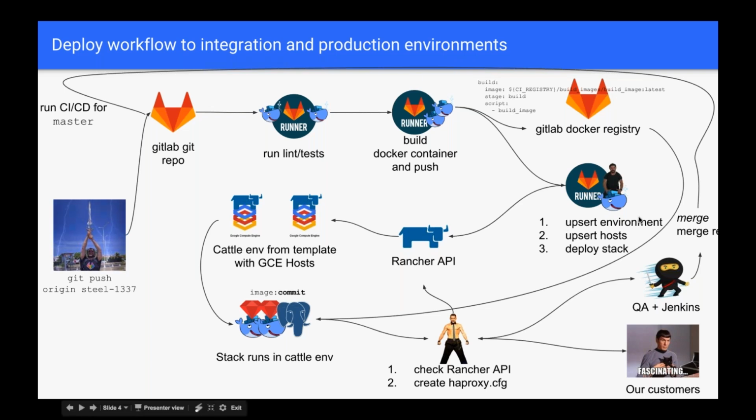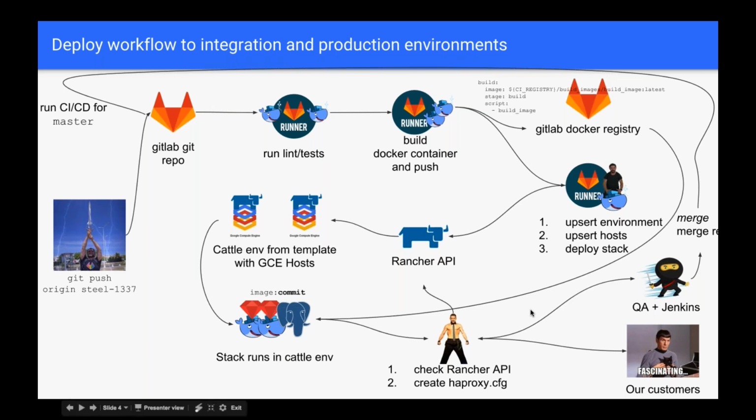So Shire then upserts a new environment. If it's not already there, it will create a host, as I told you, and it will deploy the stack. And then we have our new version of our stack running in Rancher. At that point, Magic Mike will continuously poll the Rancher API and make whatever has been exposed here available to our users, QA guys and Jenkins.